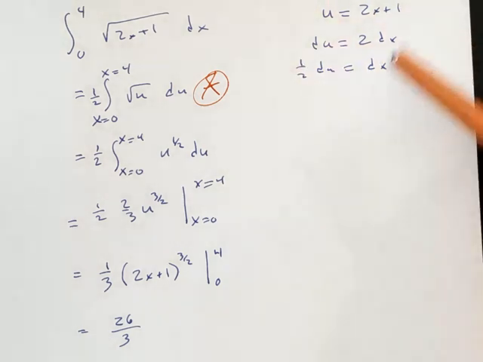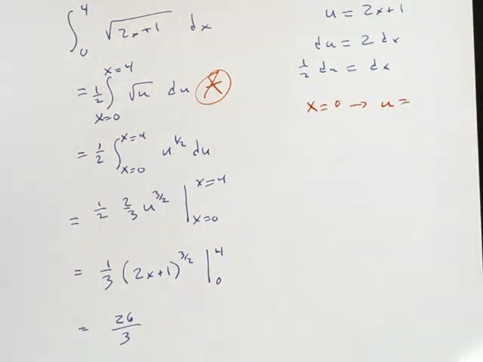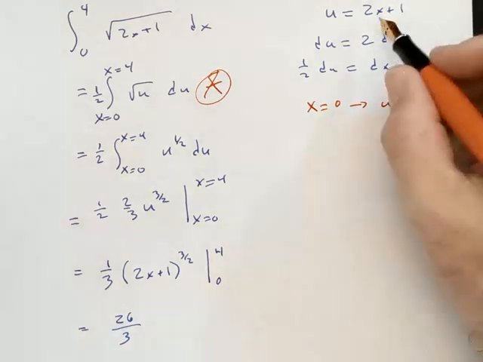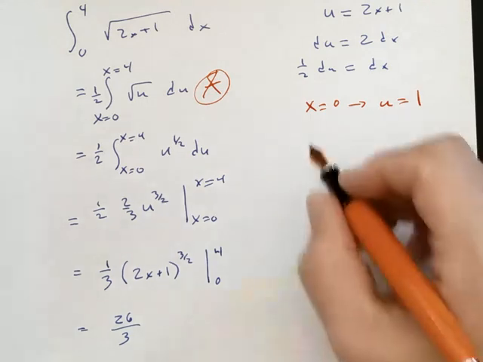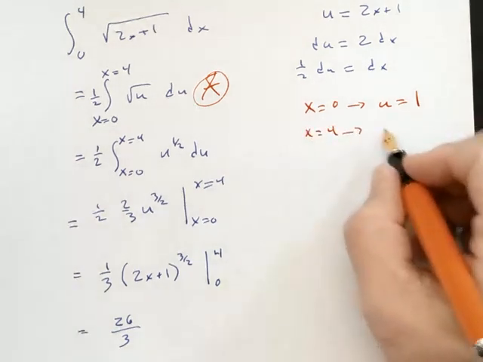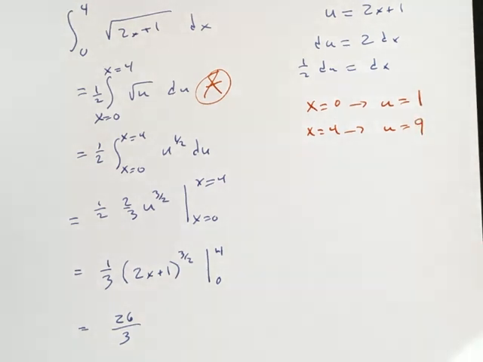So let's go back over here and tell me, if x is equal to 0, what's the value of u? 1. 2 times 0 plus 1. If x is equal to 4, what's the value of u? 2 times 4 plus 1.